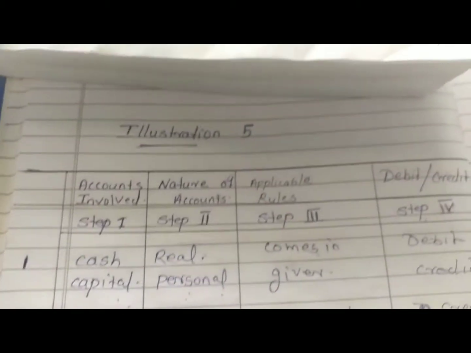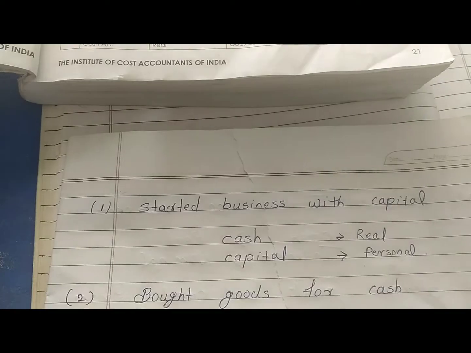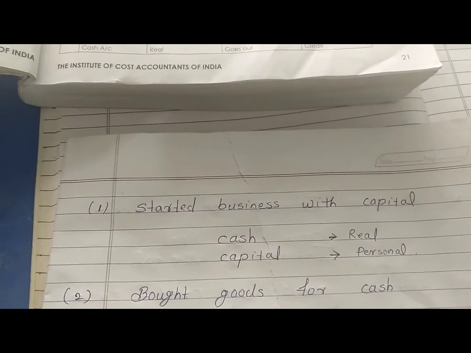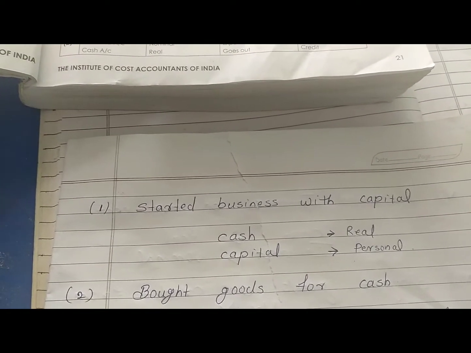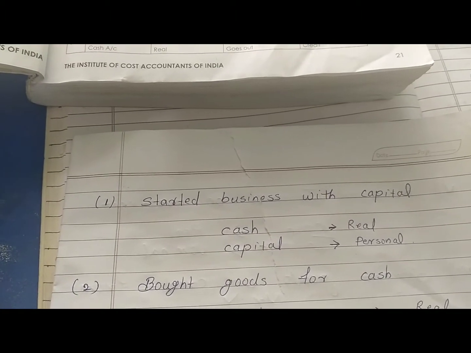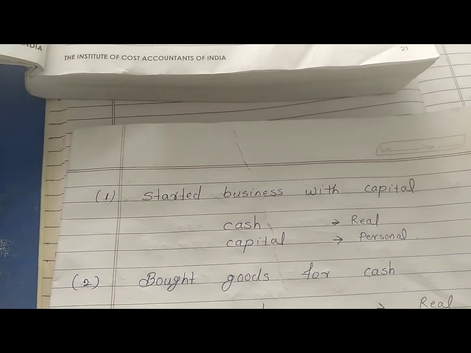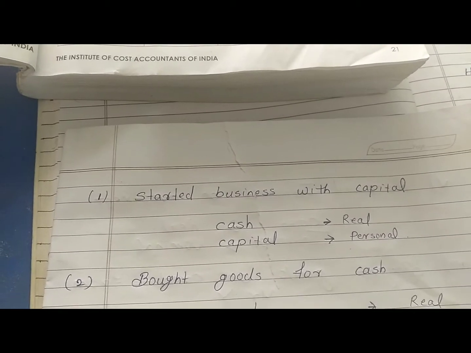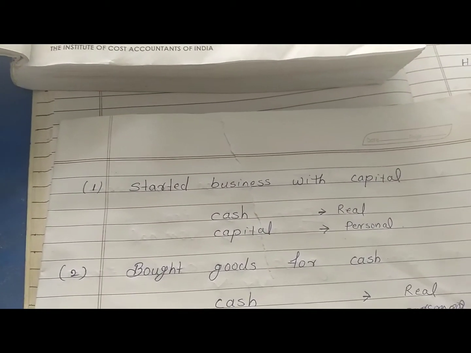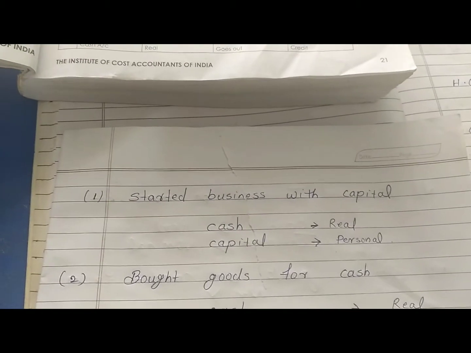Now let's journalize each transaction. First transaction: started business with capital. What is the first step? We need to identify how many accounts are involved. When we start business with capital, cash is involved, and of course capital is also involved.